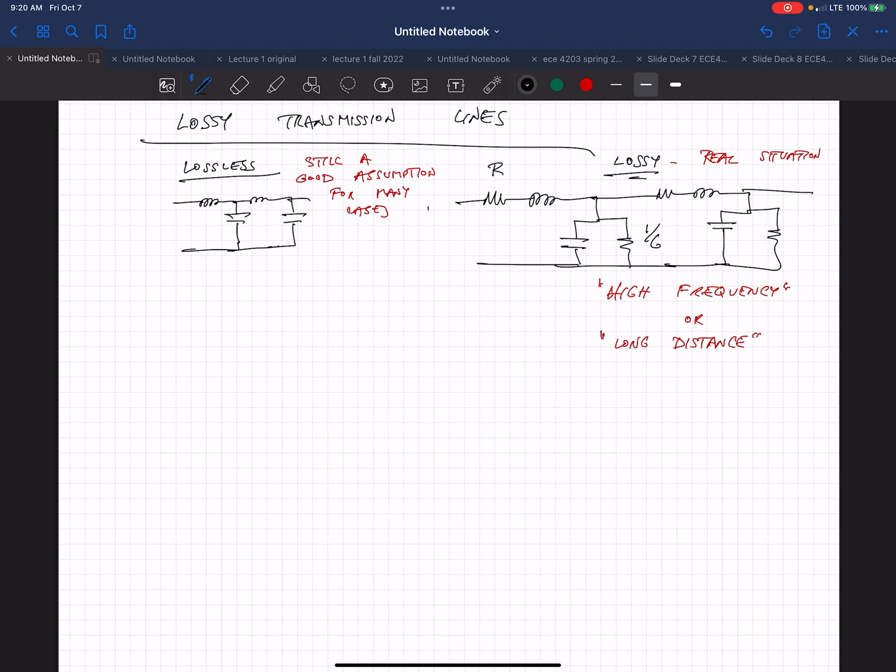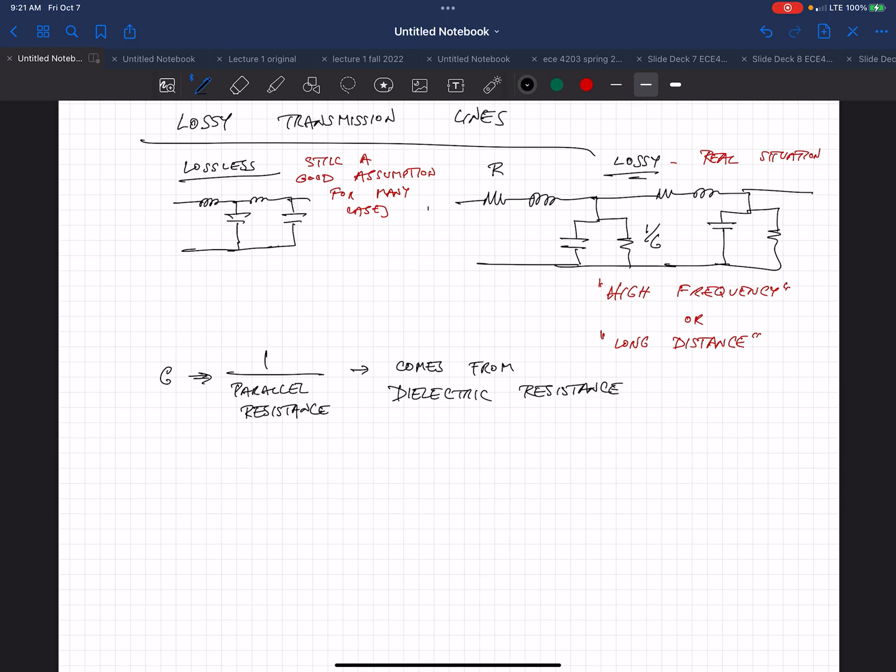So G, the 1 over the parallel resistance, that comes from dielectric resistance. This is just sort of for your background info.